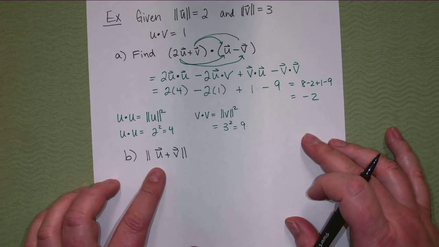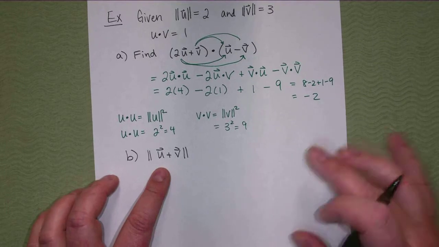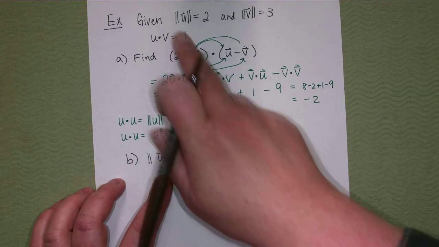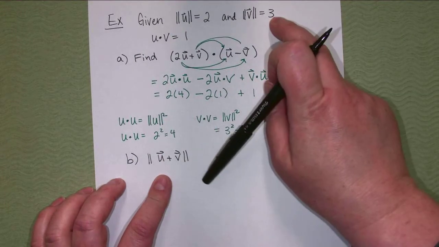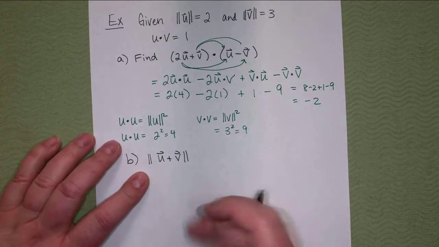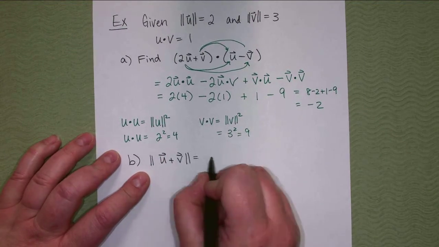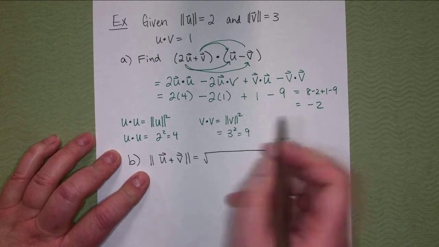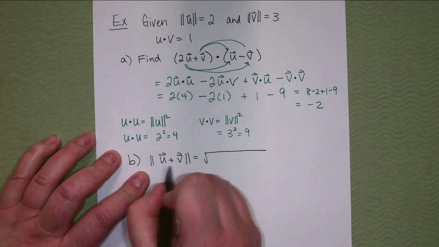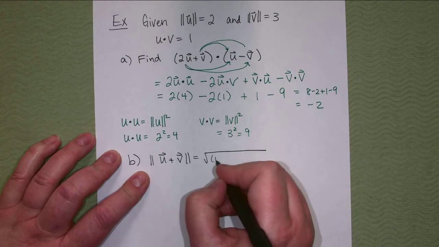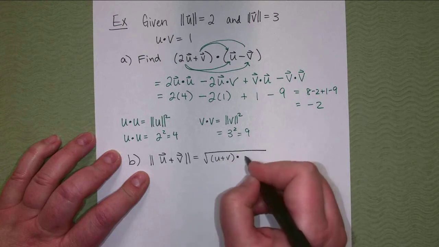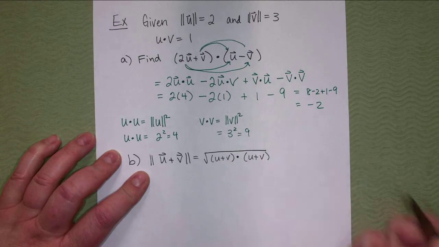So we need to convert the length to a dot product so we can use the things we were given up here. So what is the length as a dot product? The length is the square root of what? Whatever we want the length of. So u plus v dotted with u plus v. Does that make sense?